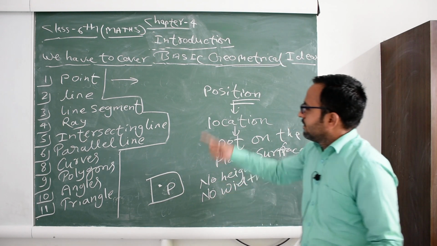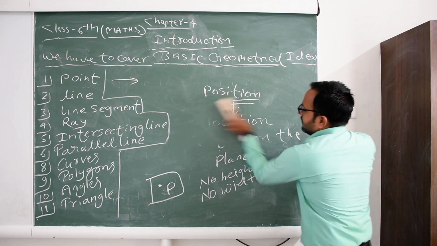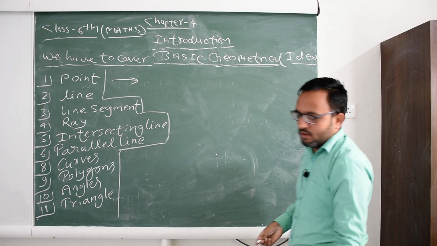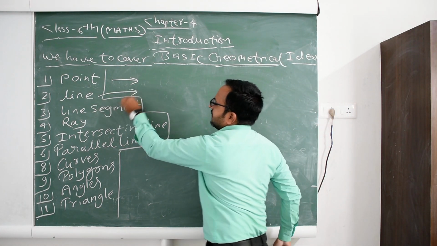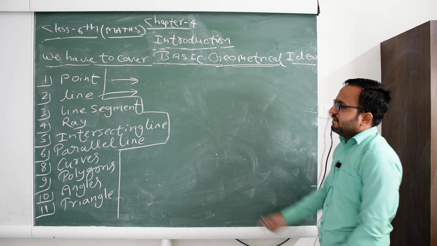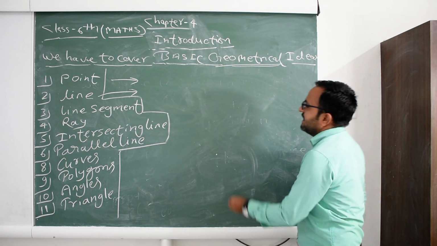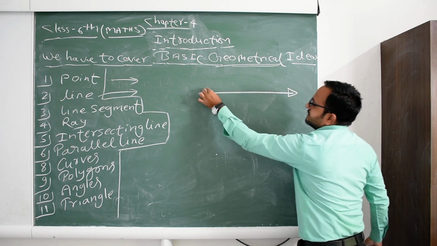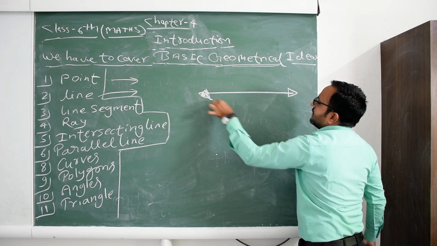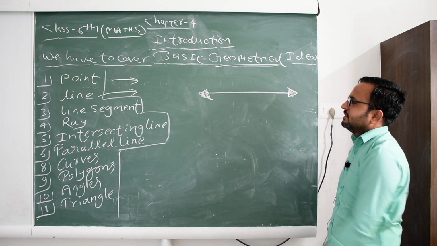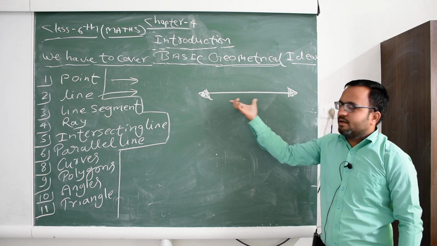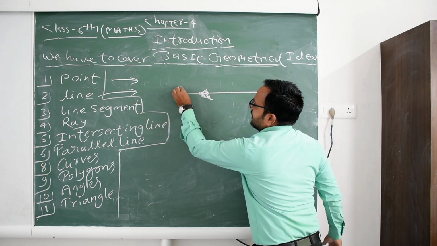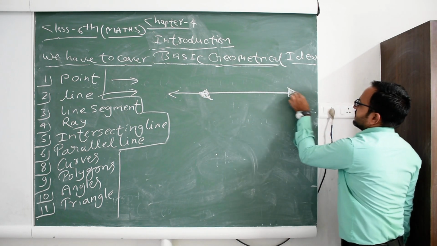Now we come to the line. What is a line? A line is denoted like this. A line has infinite length. A line is extended in both directions.